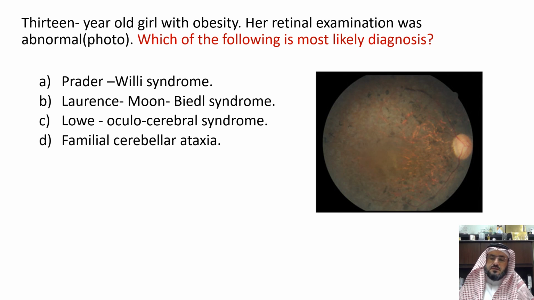These are the classical symptoms of Lawrence-Moon-Biedl or Bardet-Biedl syndrome. There are two different names for the syndrome, either Lawrence-Moon-Biedl or Bardet-Biedl, all the same. They have a combination of obesity and retinitis pigmentosa.